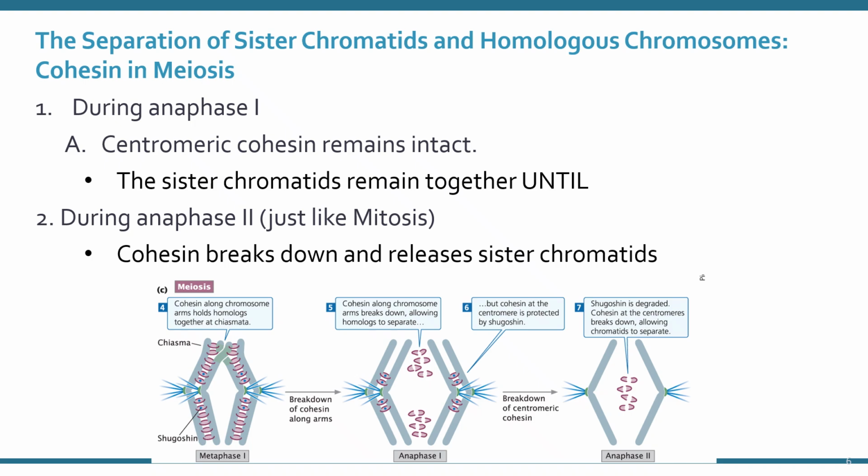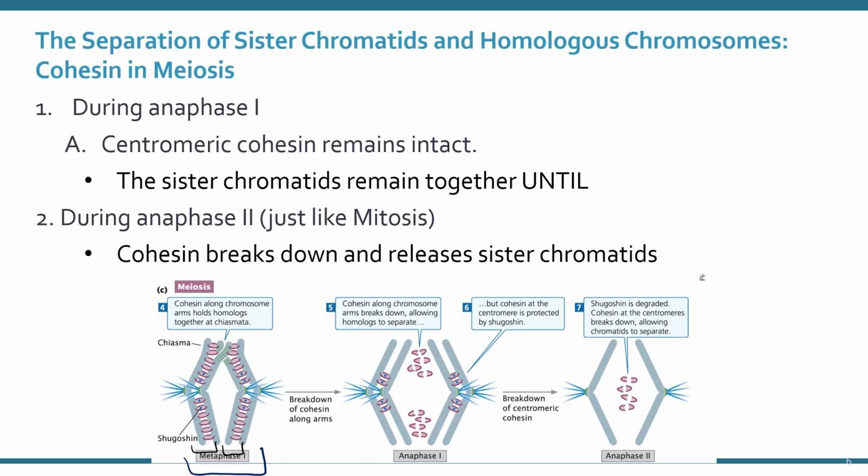So in this image here, we've got our sister chromatids, and we've got our homologous chromosomes. Now you can see cohesin is holding our sister chromatids together.